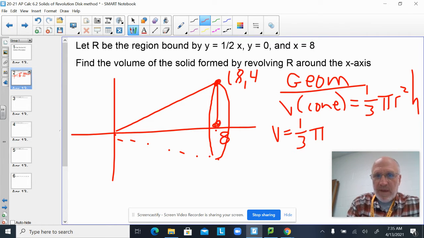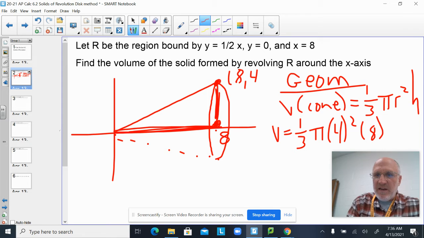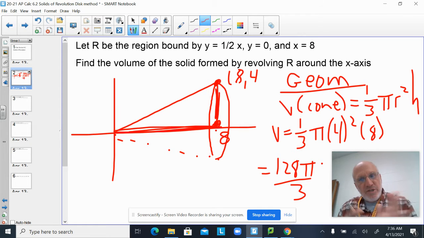The radius goes from there to there. The radius of the base of that cone is 4. So that's 4 squared. And then the height of this cone goes from there. The height of that cone would be 8. So if I did that, I think it turns out to be 128 pi over 3. Now that's using geometry to find the volume of a cone.